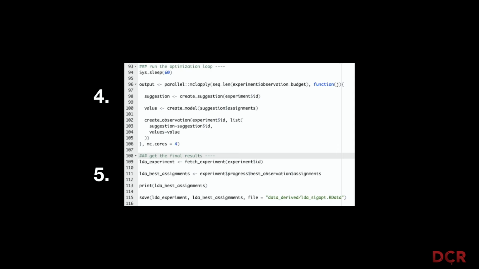What I discovered is that when I was running it in parallel, my computer got ahead of the SigOpt server, and then it would just hang and I would never get any results. So I found that by putting the system to sleep, the SigOpt server could spin its workers up. I've reported that to the SigOpt guys, like, hey, maybe you should document that or fix it. Their engineers are on the case. And then the bottom's where you get the optimal experiment.